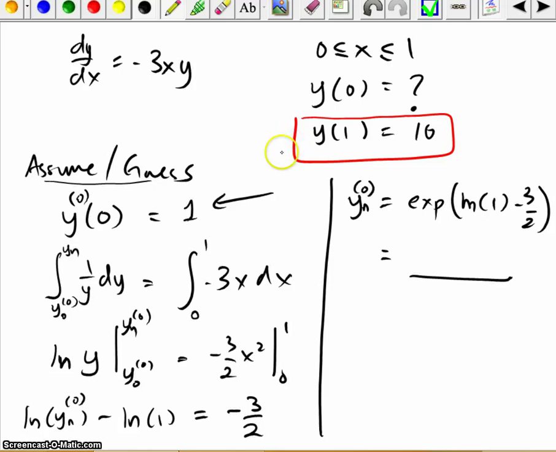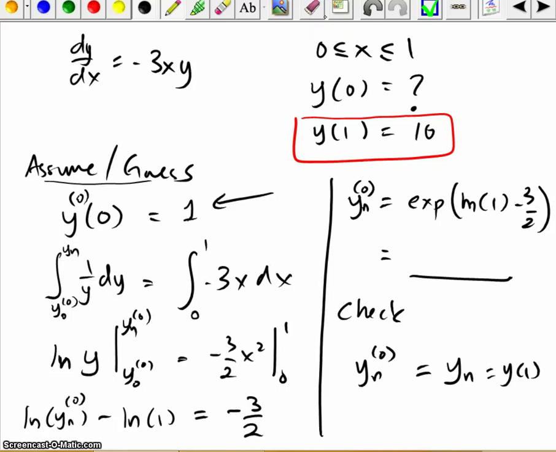So the superscript 0 here corresponds to the guess or your assumption for your initial condition. Okay, so you want to see what this value is. So what you want to do is check if your yn guess is the same as your yn. So in this case, your yn is your y1, which is the value of y at the last point.